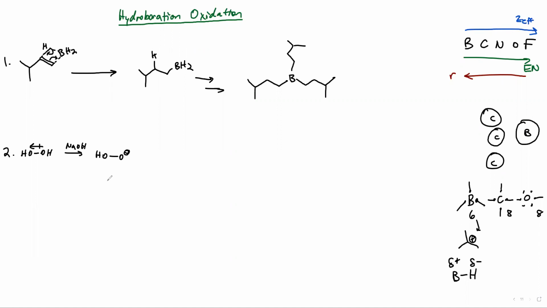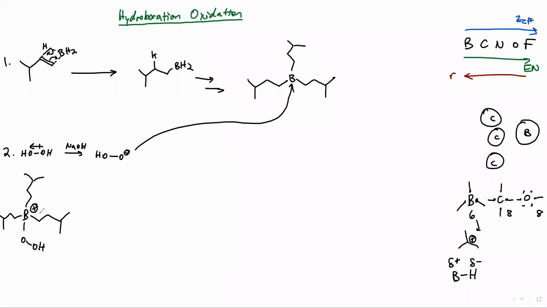So we form a bunch of these peroxide anions. And these peroxide anions, again, if borane is electrophilic, the peroxide anion is going to attack it. That's a no-brainer. That makes sense, right? That would happen. And what forms are, I'm not sure what they're called, boronate esters maybe, but it forms this complex here.